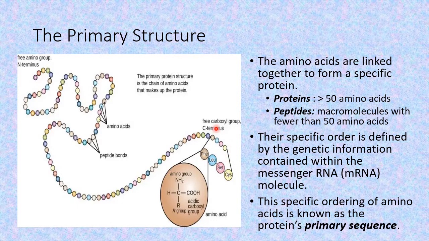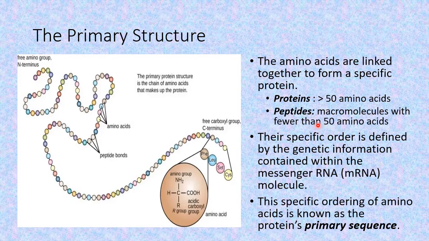Now, this polypeptide molecule, this macromolecule that is formed by the linking of these various amino acids, if its size is more than 50 amino acids, then it is known as a protein.